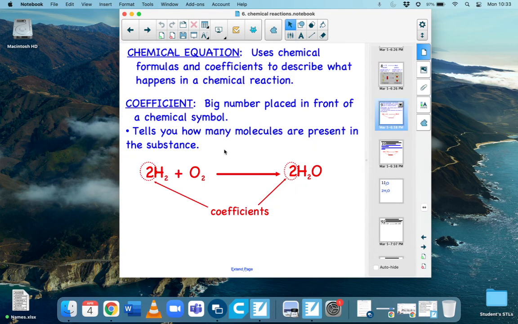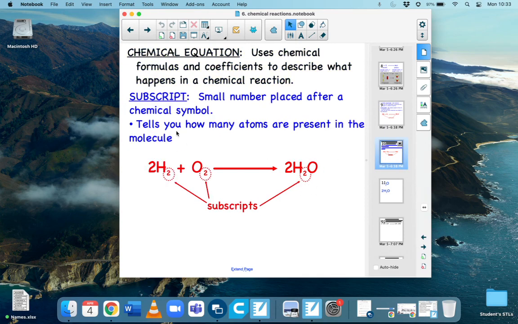All right, you've also got to know that a coefficient is the big number placed in front of a chemical symbol. It tells you how many molecules there are. So this big number right here means that there are 2 water molecules. And the little number is the subscript. I remember that because sub means under or below, like a submarine is below the water or a subway is below the ground.